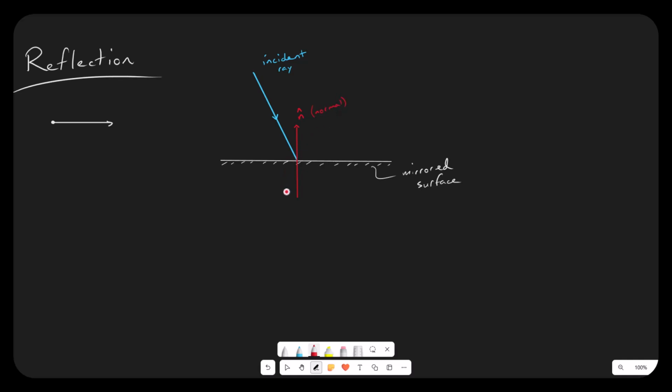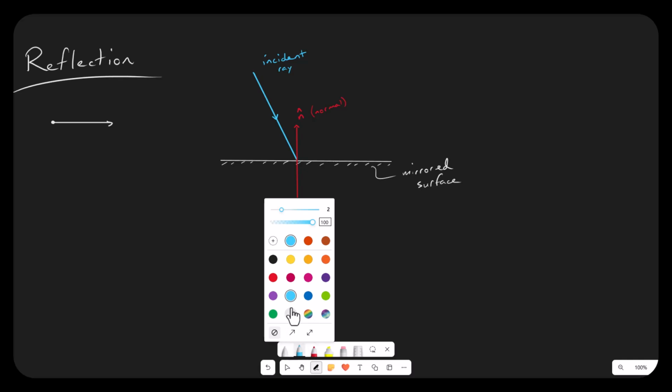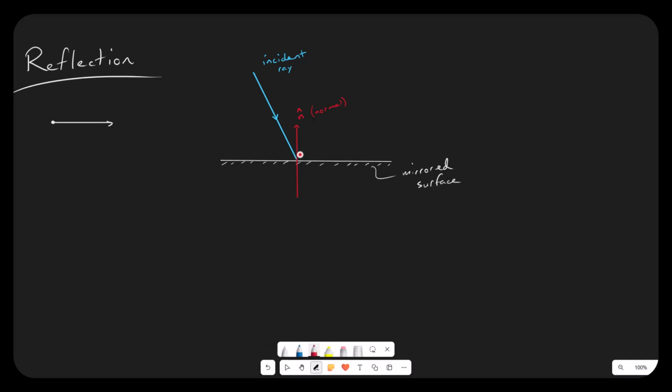And in math, normal doesn't mean not unusual, it just means perpendicular. So that normal line is perpendicular to the surface. I'm going to reflect off of this surface, which means bounce off of, and I'm going to do it in this way. This is going to be my reflected ray.